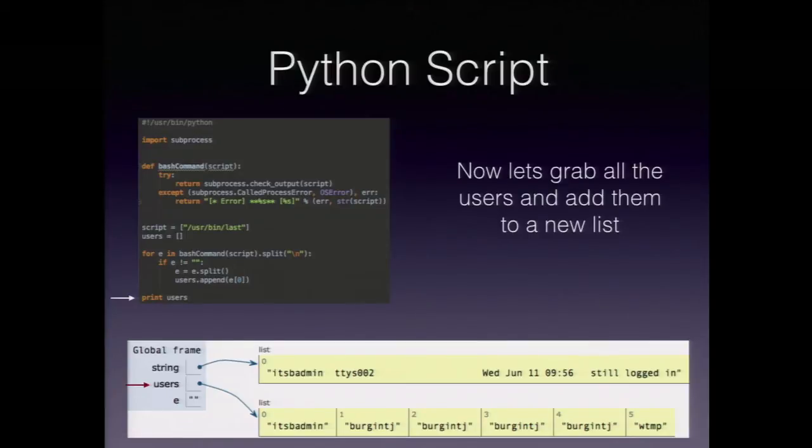So now we have a list of users that were on the system. It basically is the same thing as awk. It grabs that first column along the last output, and it allows us to now have a nice list in Python that we can start making decisions based on.